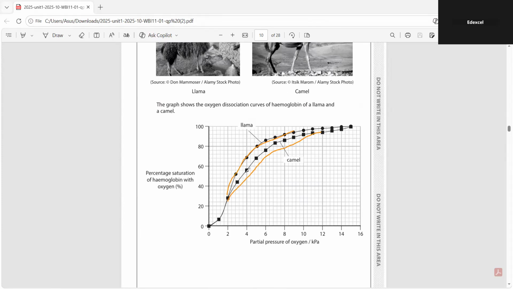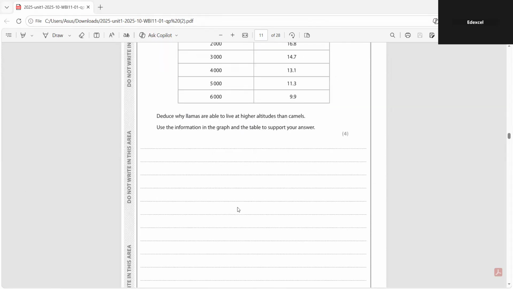Therefore, llama's hemoglobin will have a high affinity for oxygen. And since it has high affinity for oxygen, it will be able to bind more oxygen. That part you can write. Okay. Let's write that.